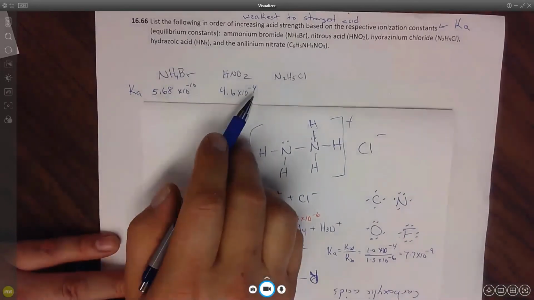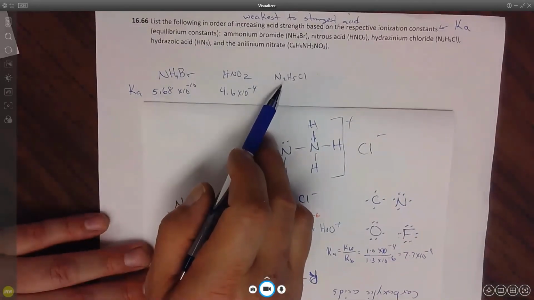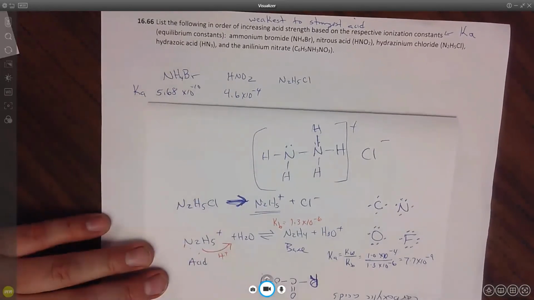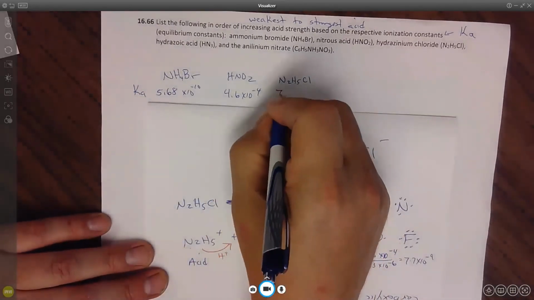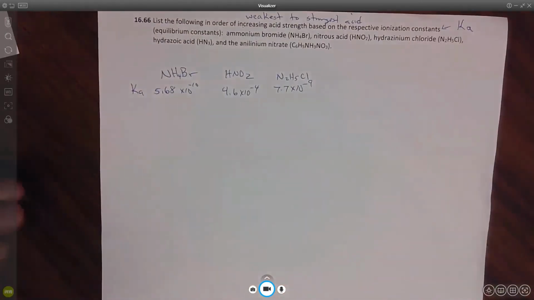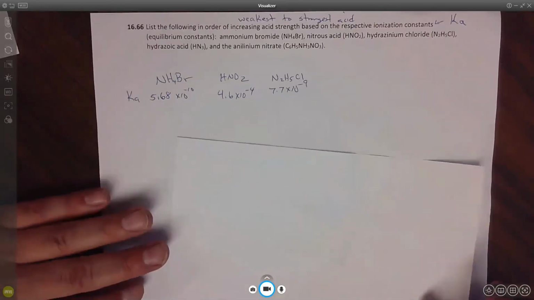So the hydrazinium chloride, it's the hydrazinium part acting as the acid, has a Ka of 7.7 times 10 to the negative 9. Okay, any questions about that one? Okay, let's go with the next one.